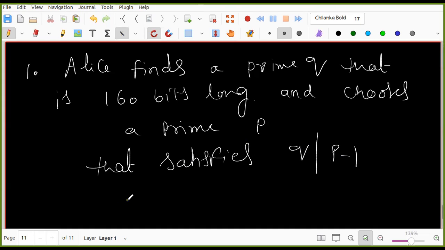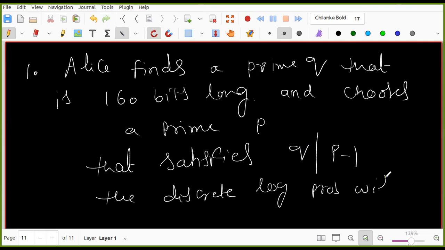The discrete log problem will be hard for P.